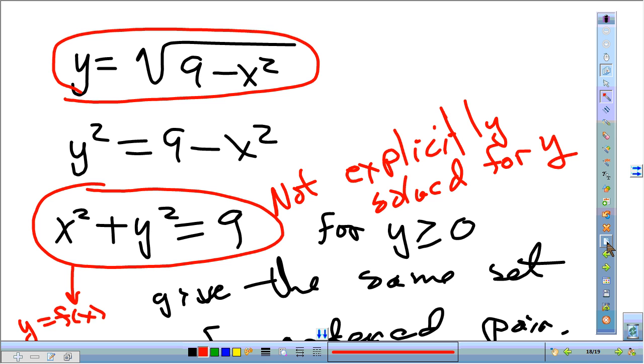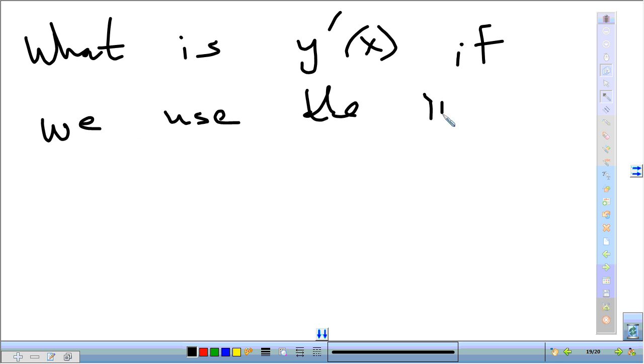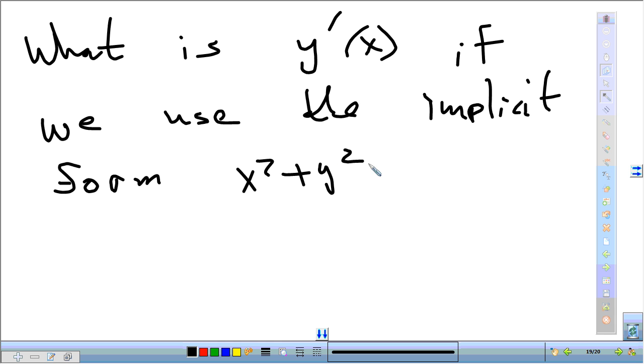So for the moment, let's look at that. So what if we didn't solve for y? In this case, we could, and we left this y equal f of x implied.